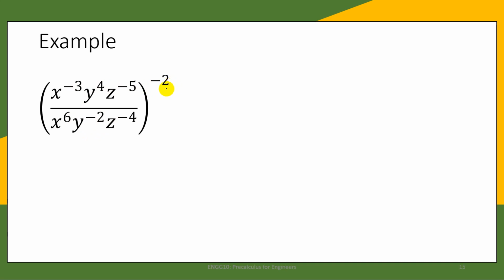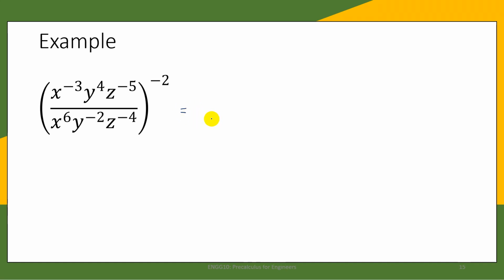Or we can also distribute this exponent, negative 2, to all the variables in the numerator as well as in the denominator, because there is theorem 3 and theorem 5 supporting that. So there is no single way to solve problems like this one. Whatever is convenient to you, whatever you know, you can use it. So how do we solve this one?